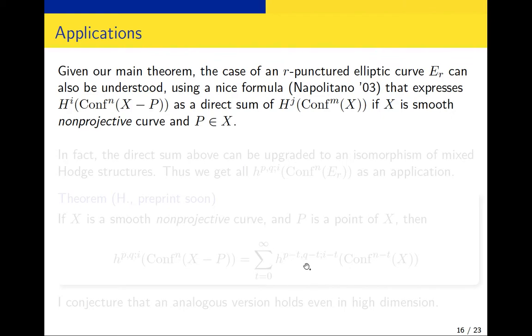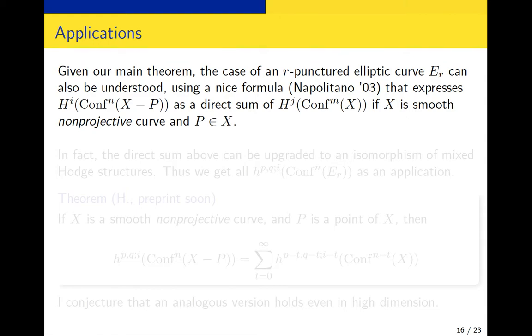In our main theorem, we only deal with one punctured elliptic curve, but combining with a nice formula of Napolitano, we can get similar results for r punctured elliptic curves. The good feature of those results is that they can be compactly summarized by one or two generating functions.